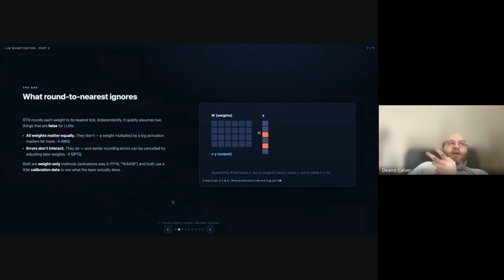So when it comes down to it, we always know that our weights are going to go through the neural network, which ultimately is a bunch of big matrix multiplies. And so we can observe two things that aren't true for LLMs. That is, all weights matter equally. Conceptually, there's this huge array of weight numbers, billions and billions of values.